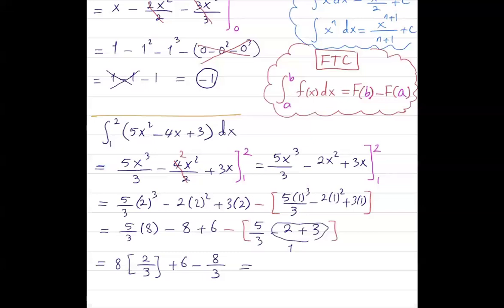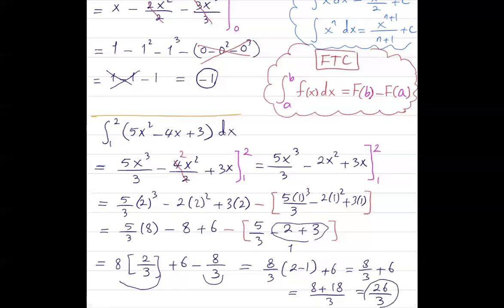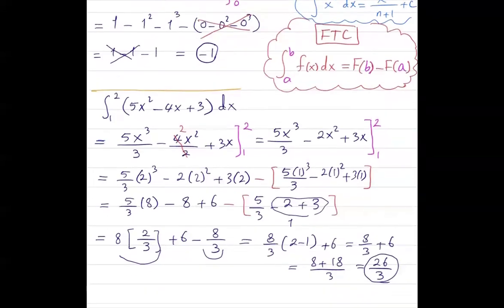So between these two, you can factor out 8/3, and you end up with 2 minus 1 plus 6, or 8/3 plus 6, or 8 plus 18 divided by 3, 26 divided by 3 is the final answer for this definite integral.